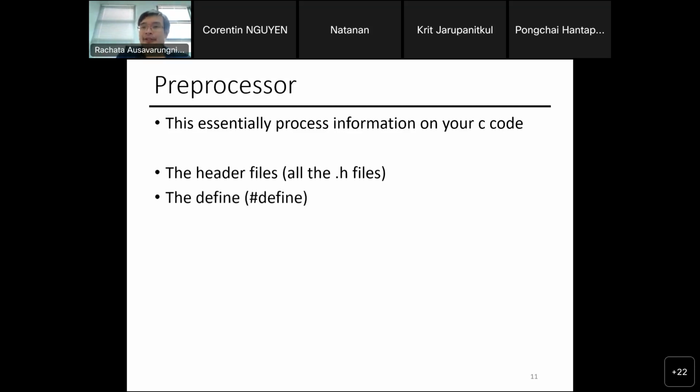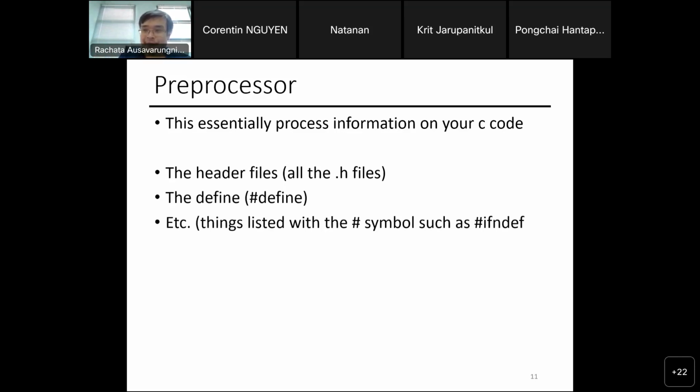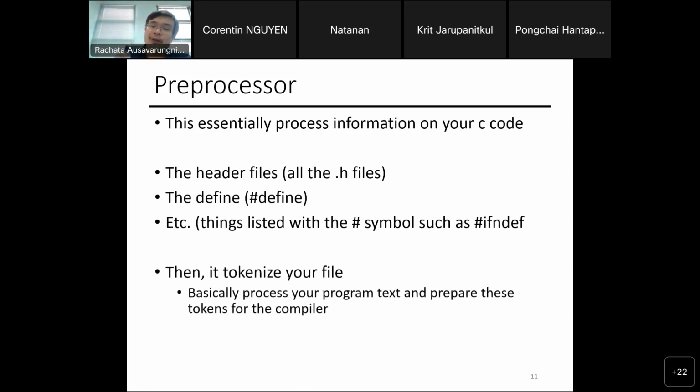Things like pound define, and things that are listed with the symbol pound followed by some syntax, like ifndef, if not defined, right? Then it tokenizes your file. Basically, this processes your text, right? Because everything in your C file, if you think about it, is just plain text.